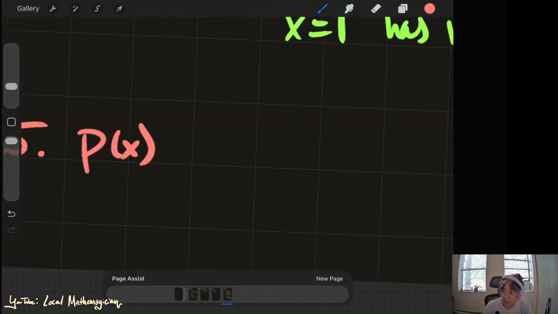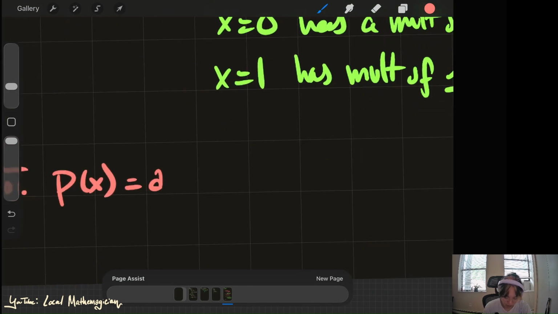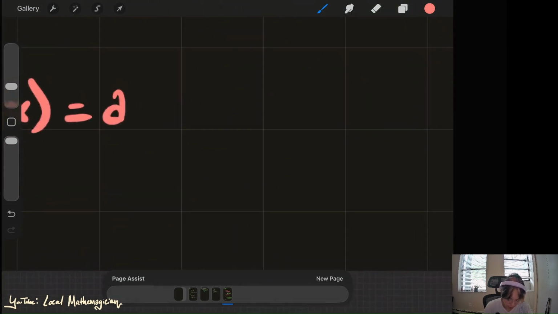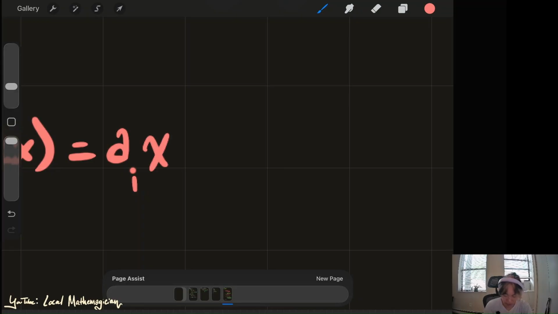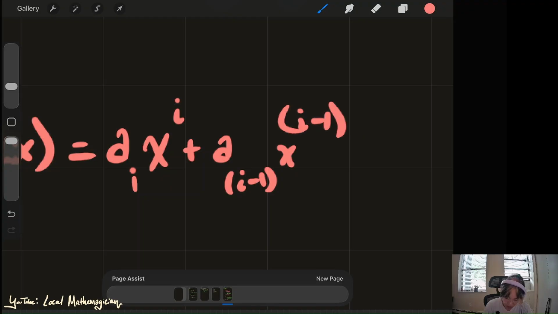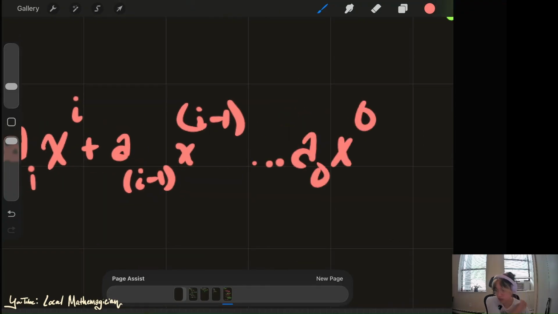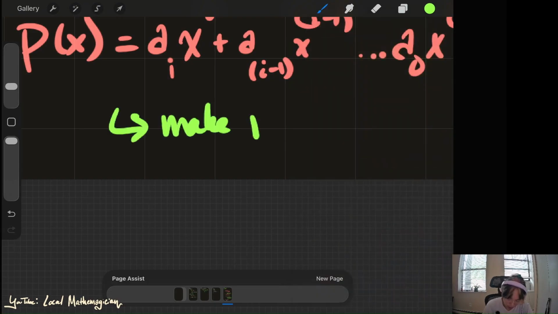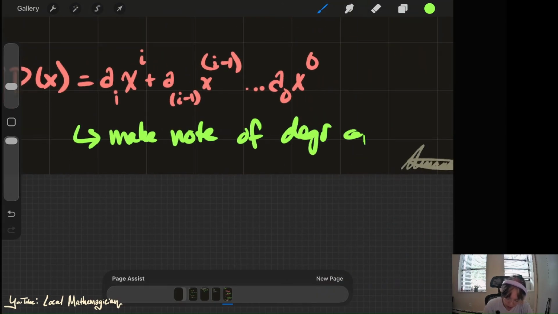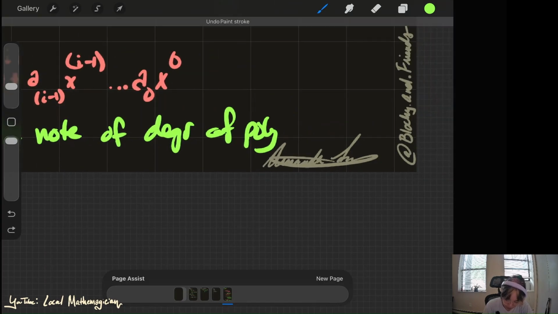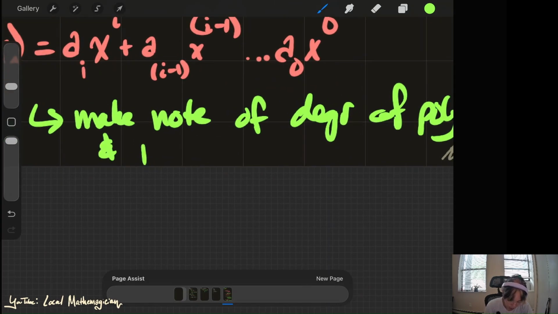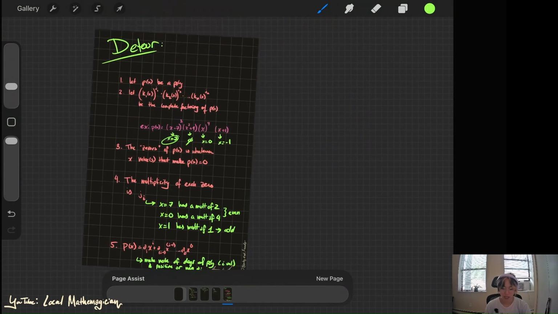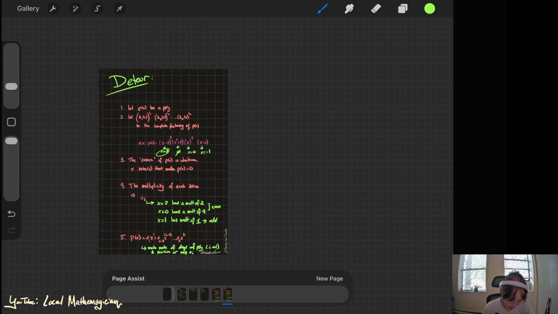And finally, when p of x is in standard form, a sub i x to the i plus a sub i minus 1 x to the i minus 1, down to a sub 0 x to the 0, which is a constant term, make note of the degree of the polynomial, which is your i value, and whether the a sub i value is positive or negative. We're going to take all of this, smush it together, and you can get a graph.